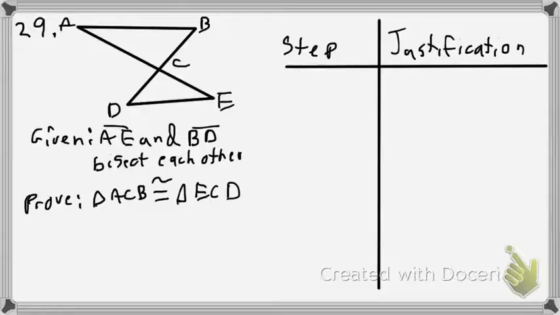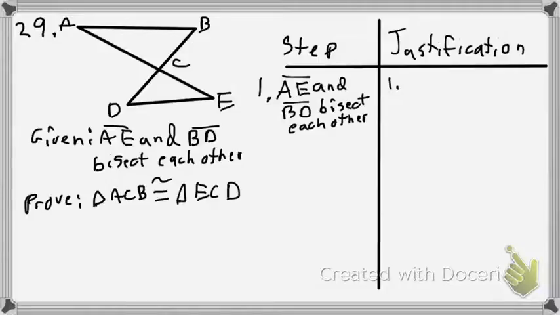So here we're given that AE and BD bisect each other, and that's the only information we're given. So we look at this and go, okay, I know that bisecting means cutting in half. And clearly this isn't to scale.